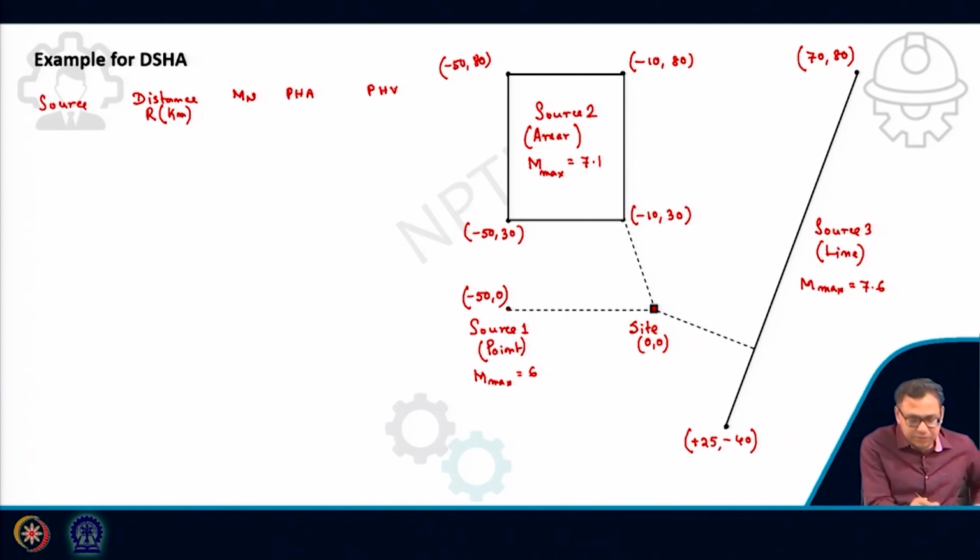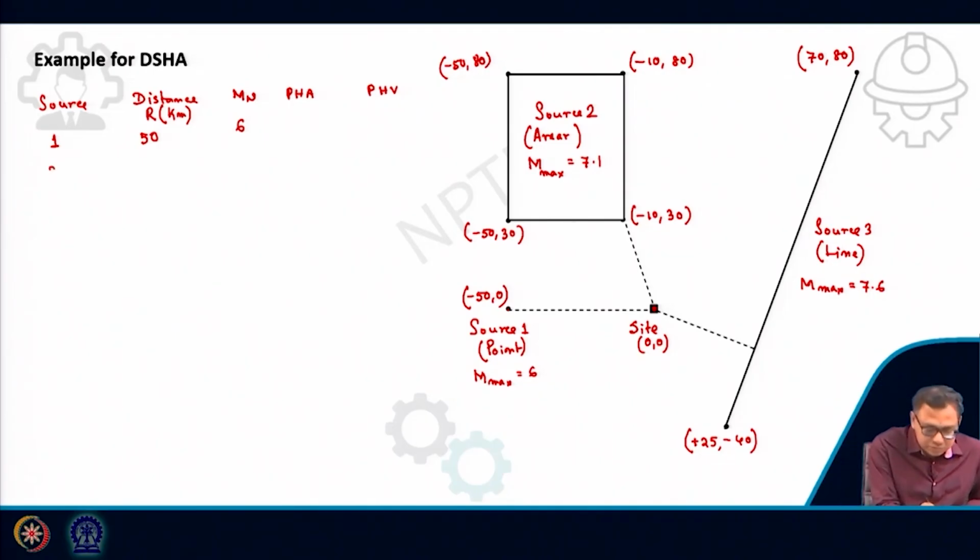Distance means we are talking about the closest distance. For the first source, the closest distance is 50 kilometer, and MW is 6. PHA and PHV I will calculate.